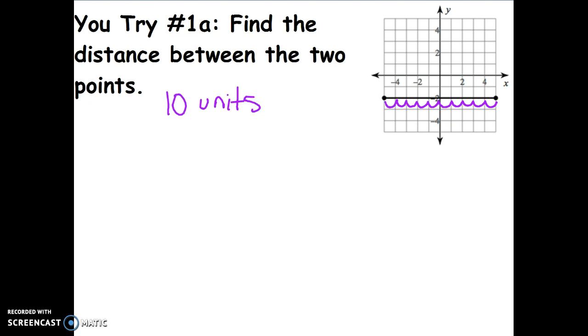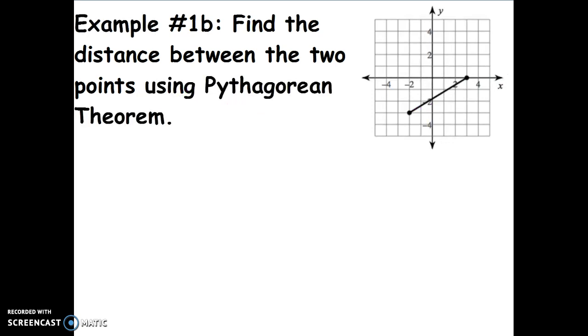All right, now we're going to move into using Pythagorean's theorem. Example 1b, we're going to find the distance between the 2 points using Pythagorean's theorem. Go ahead and take a moment to write this down, and then we'll work through the example together. In order to use Pythagorean's theorem, you need a right triangle.